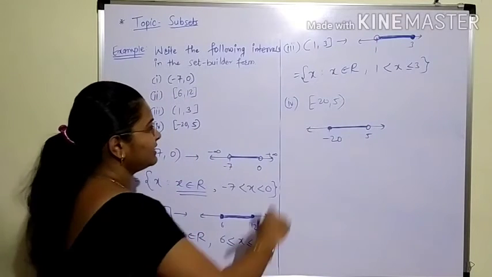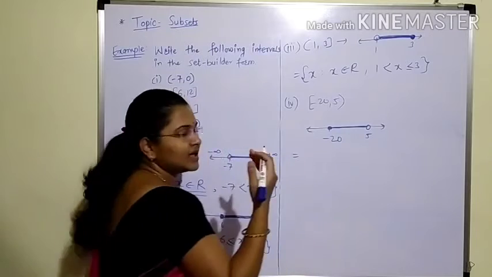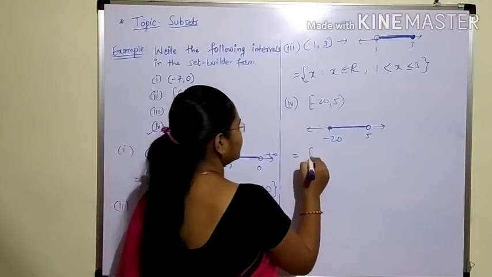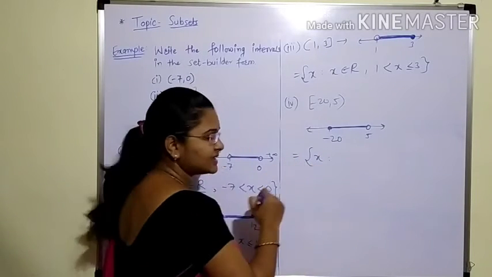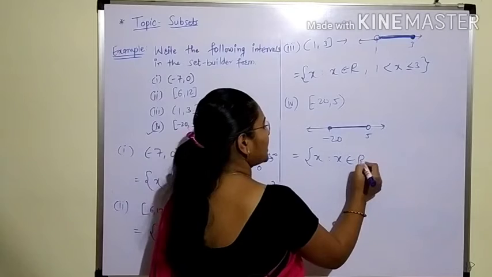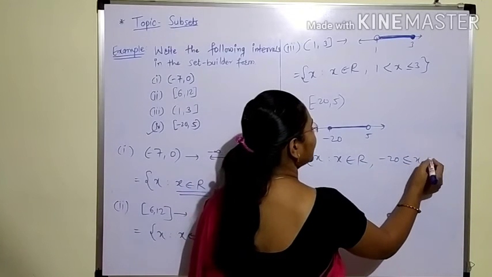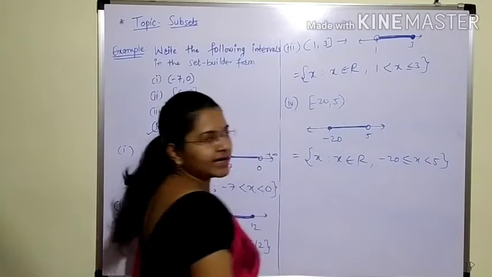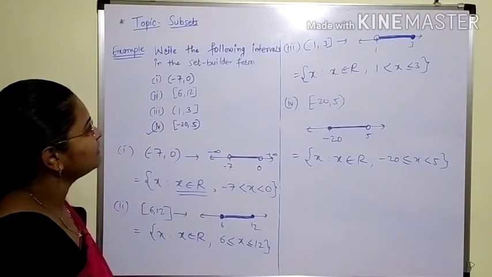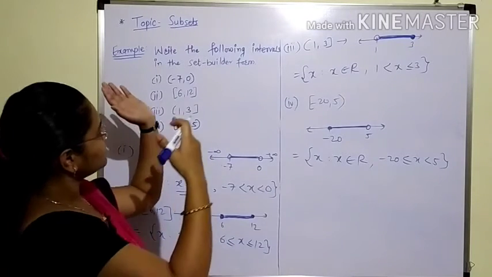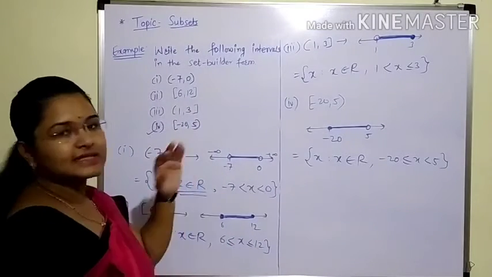Understood? So when we write this interval in set builder form, we have set of x such that x belongs to R and minus 20 less than or equal to x strictly less than 5. Okay, so in this way we have written all the intervals in set builder form.